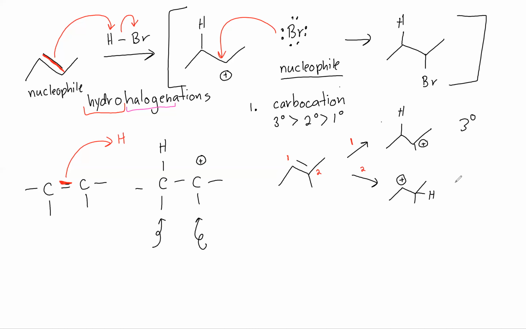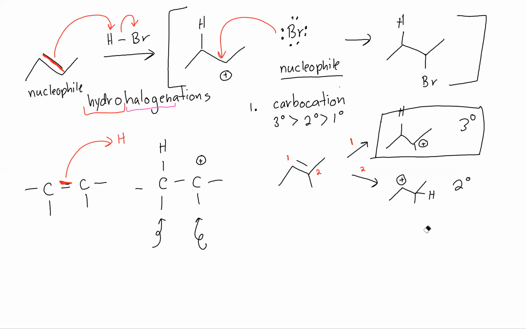We can see that that is a secondary carbocation. Obviously, the tertiary carbocation is more stable than the secondary carbocation, so that's the one we are primarily going to make. And yes, it is possible to make this carbocation. It's just in such minuscule amounts that we don't consider it when we're doing these reactions. So just think of the more stable carbocation will be the one that we form.